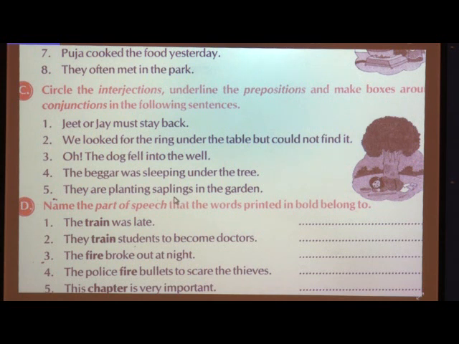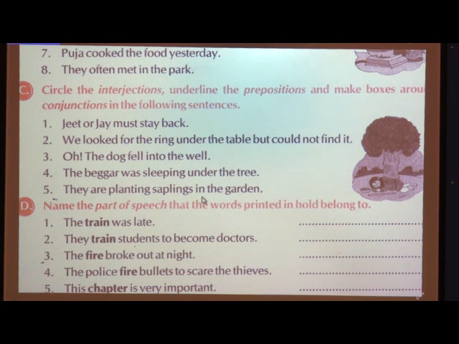Now, last one, they are planting saplings in the garden. Saplings means what? We know that we plant some small plants in the garden, those are called saplings. So, they are planting saplings in the garden. Here also they are showing the relation between the saplings and the garden, and what they are doing, they are planting it, and where are they planting?